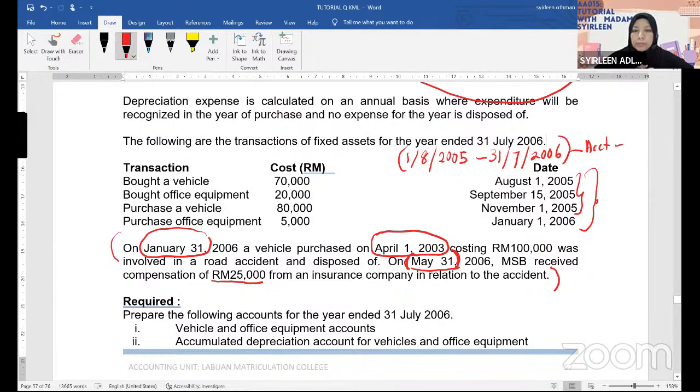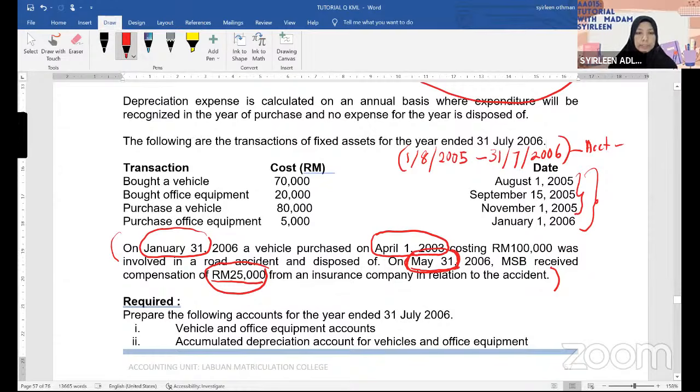Only the contra account is closed. That means I close the accumulated depreciation, and I close part of the asset value just based on the accumulated depreciation amount. The remaining balance I will close on 31st of May, so that I can declare whether I get a gain or loss on disposal for the compensation I received.